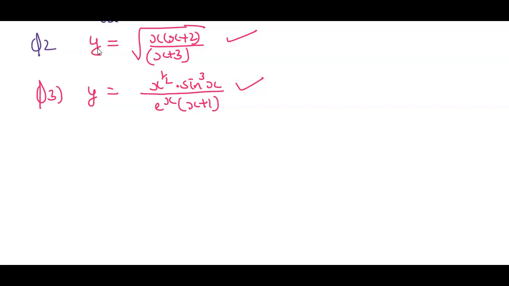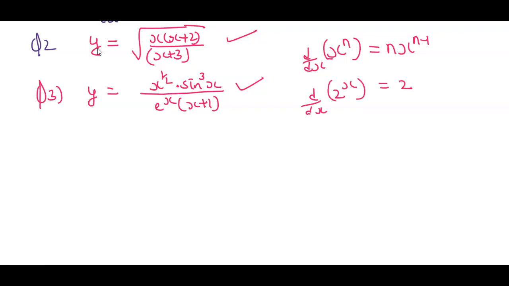Moving on further, I know that formula for derivative of x to the power n, which is variable to the power constant, is n into x to the power n minus 1. I know the formula of 2 to the power x, it is a to the power x type.